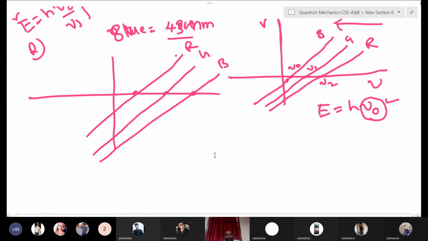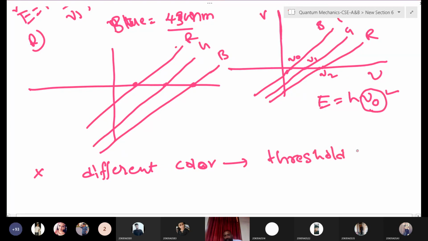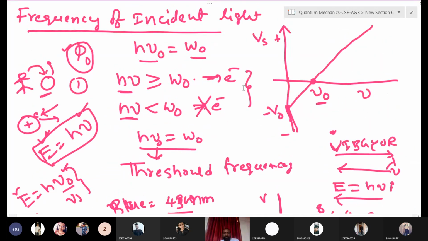The point here is to make out that different colors have different threshold frequencies. You got it? Threshold frequency, or you can write nu 0 also. Okay, very simple.